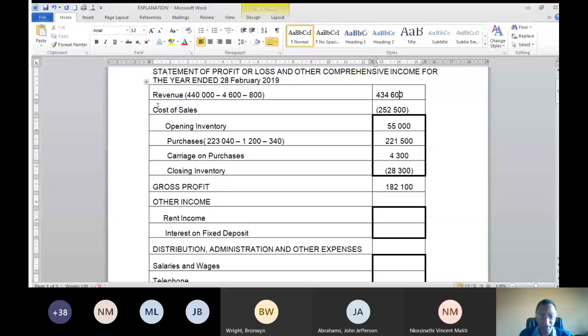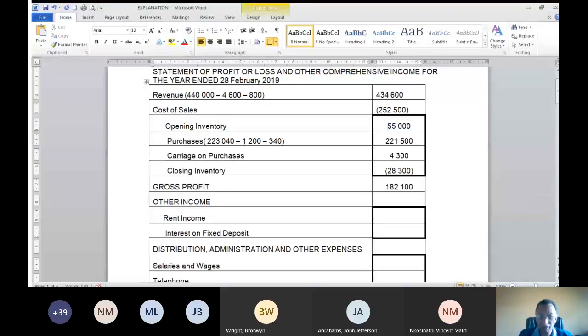Then you must do your cost of sales. Cost of sales is a calculation, which is opening inventory plus purchases plus the carriage on purchases minus the closing inventory. So your opening inventory is given to you in your trial balance. That is the value of inventory on the first day of the financial year, and that's the value of inventory on the 1st of March 2018.